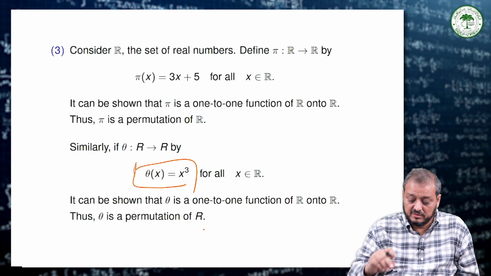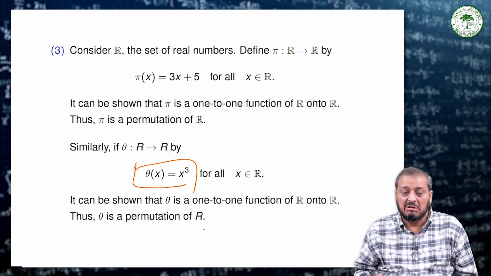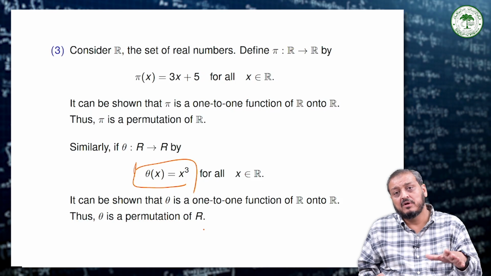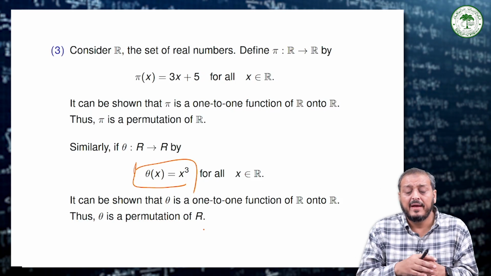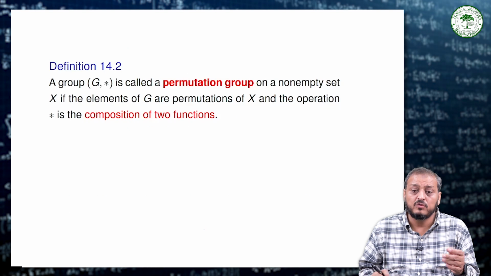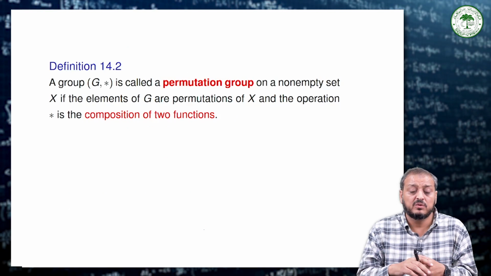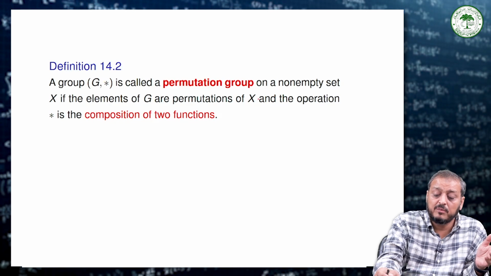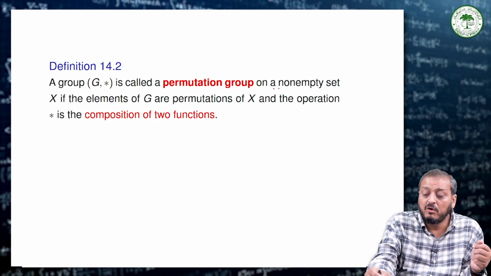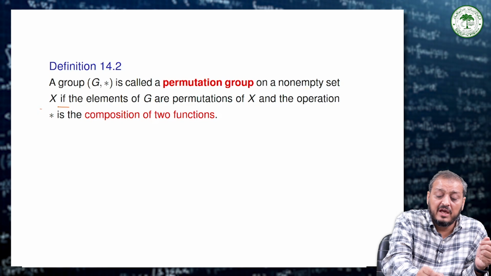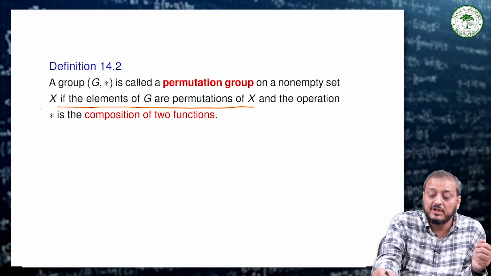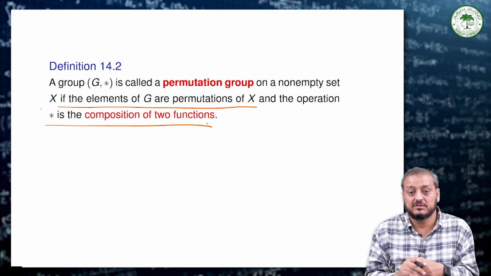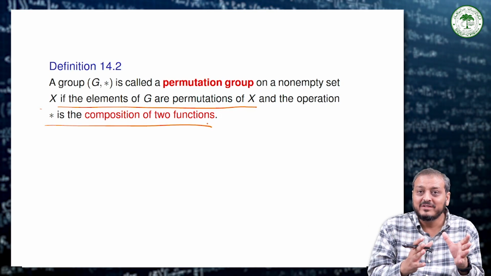So, we can simply say that these are 3 different examples that we have taken of a permutation. Now, we move to the permutation group. A group G equipped with a binary operation is called a permutation group on a non-empty set X if the elements of G are permutations of X and the operation is the composition of 2 functions, because a permutation is a function.